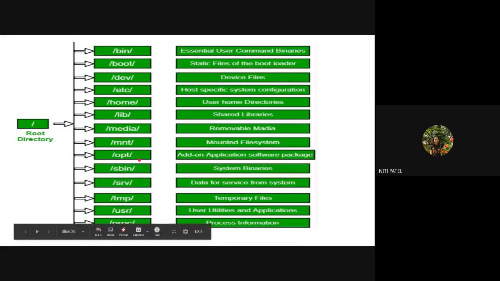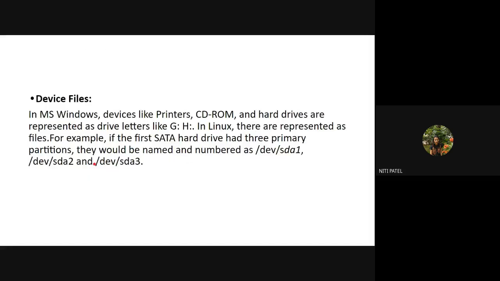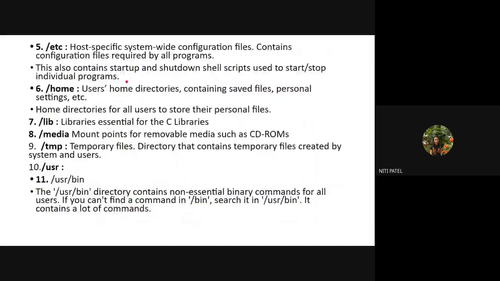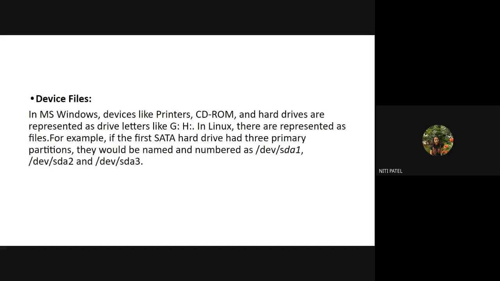Okay. So either I have text files, or I will have these kinds of directory files, or I will have a separate file category called devices. That means the dev directory, or I can call this dev directory a separate file, is where I am only storing the information related to devices attached to my system. That is a CD-ROM or any kind of SATA or PATA hard disk connected to your system, or a printer or pen drive connected to your system.